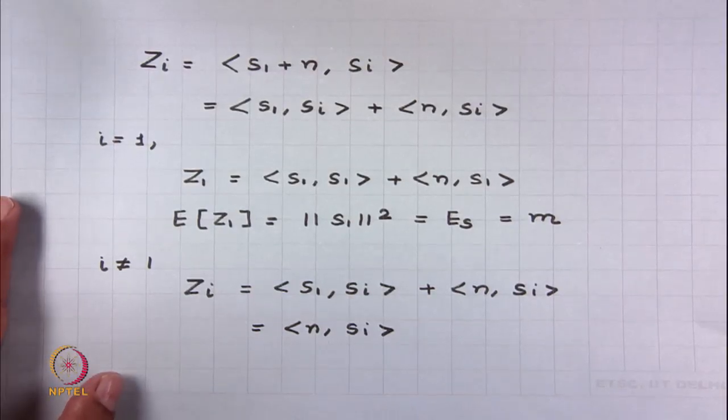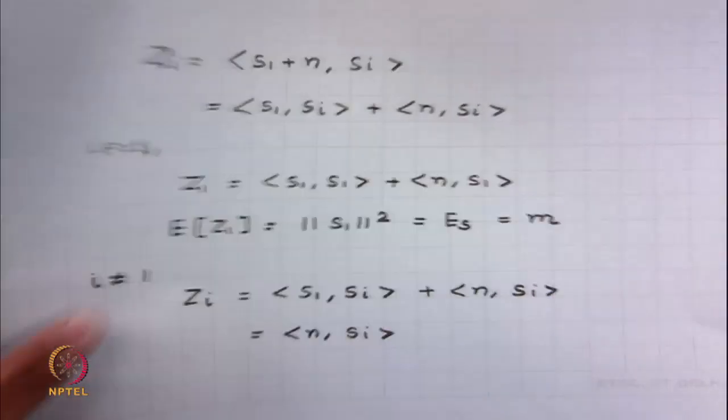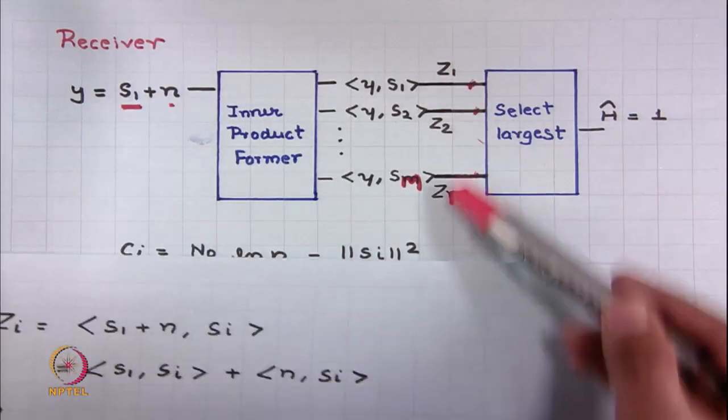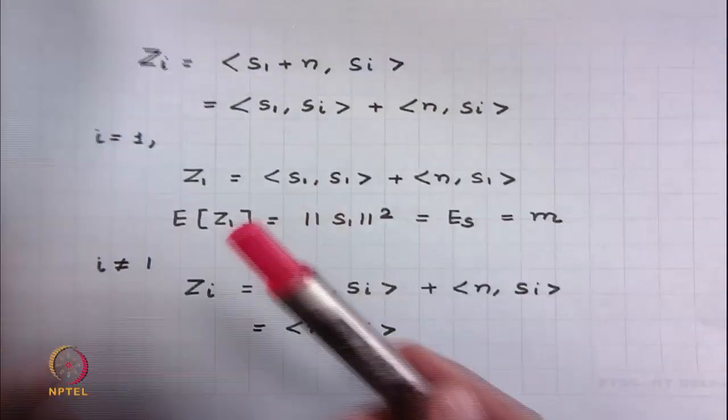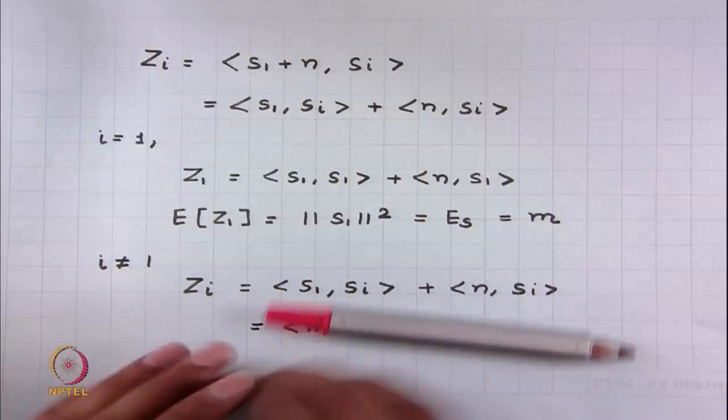Okay. Now, before we can dig our teeth into this probability of error formulation, let me revise some basic stuff. What we need to do is find out the mean and variance of these random variables. What will be the probability density function of these random variables?